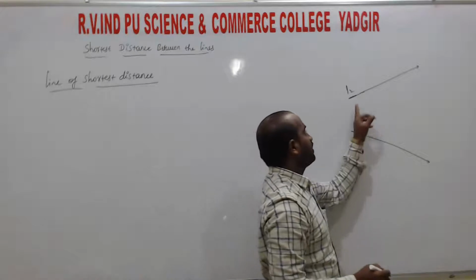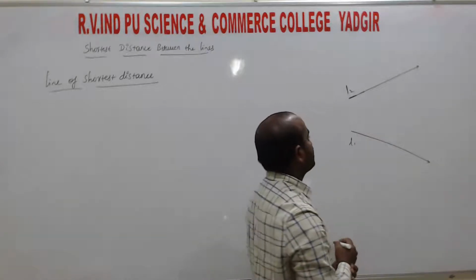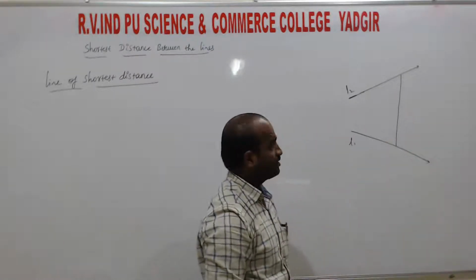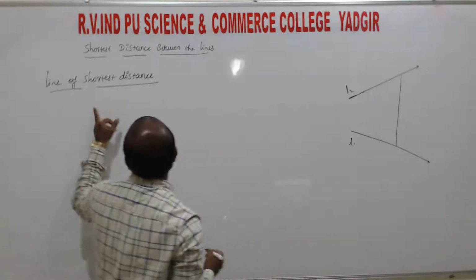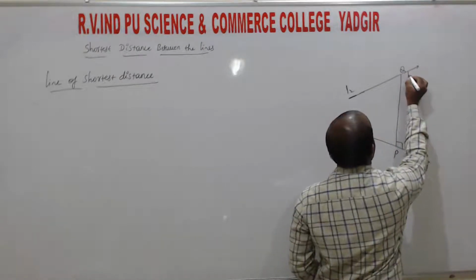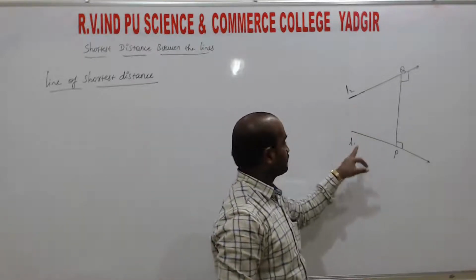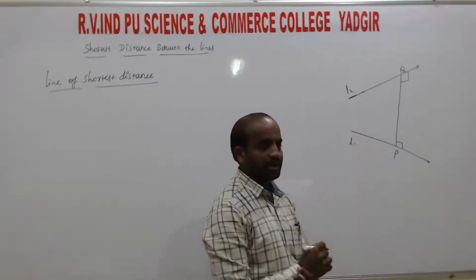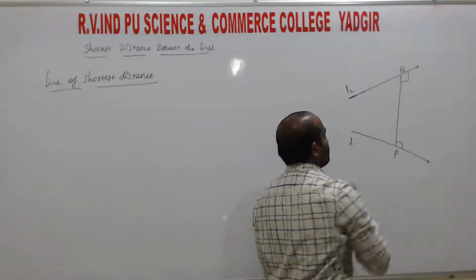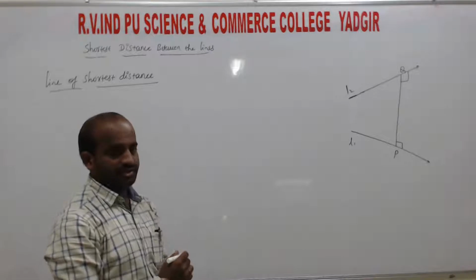If L1 and L2 are two skew lines, then there is one and only one line perpendicular to each of the lines L1 and L2, which is called the line of shortest distance.